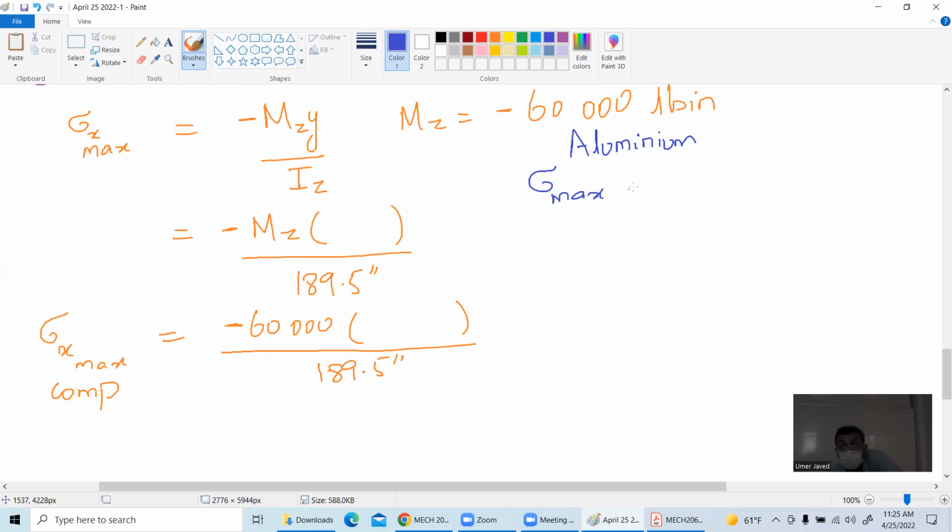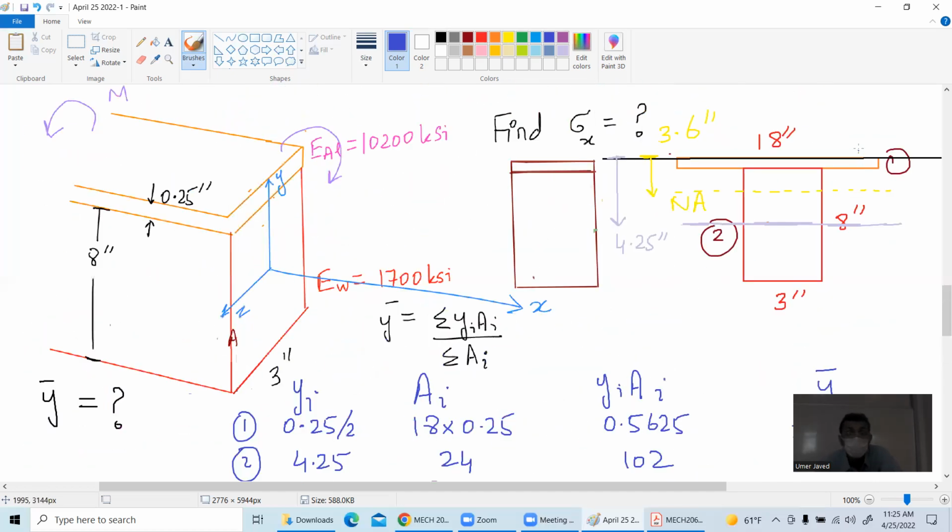So we have maximum stress in the aluminum is negative n times, because we replaced one of them, right? So which one did we replace? I think we replaced the aluminum with the wood, right?